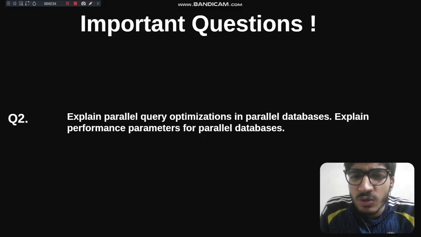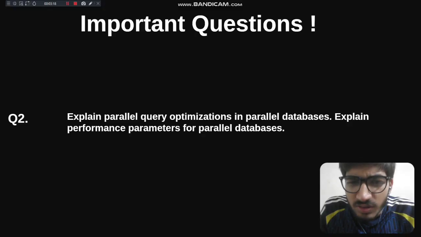Optimizations include: A. hash join, where both relations are hash partitioned on the join key and each processor joins its subset. B. Sort merge join, where relations are sorted then merged in parallel. C. Broadcast join, where the smaller relation is broadcast to all processors. The third part of the answer is minimizing data transfer. Communication cost is reduced.